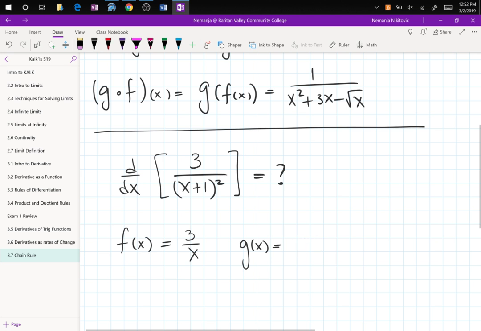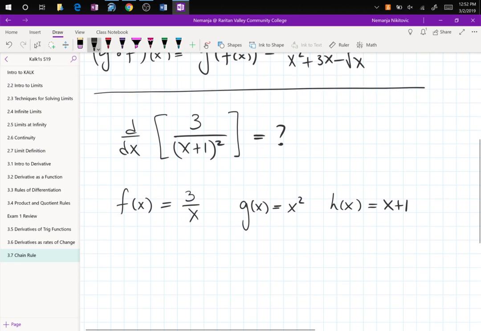So I'm just going to call this x squared, and then there is another function which is x plus 1. So now you decomposed everything. Look at this. You plug x plus 1 here, it becomes x plus 1 squared, and then you take that and plug it here, and it becomes the original problem. So this is what you have for these particular problems.